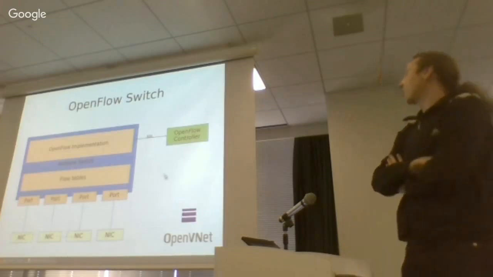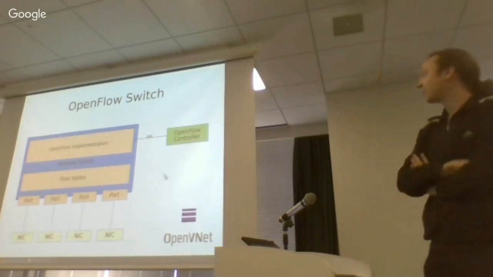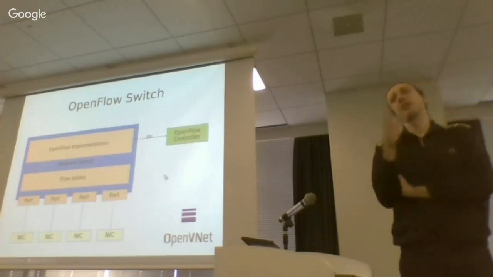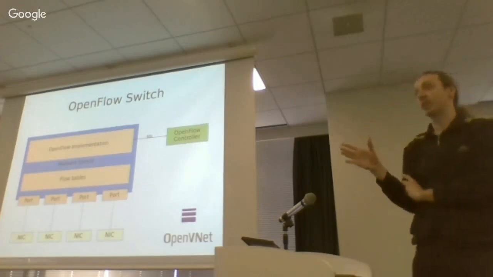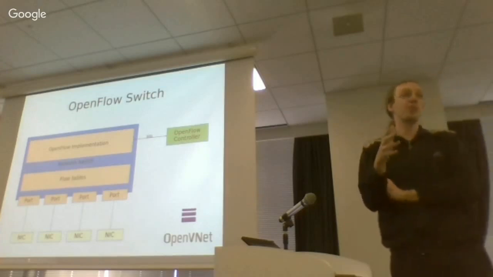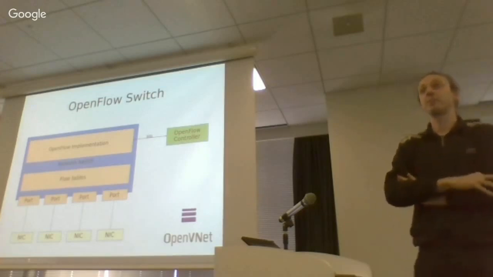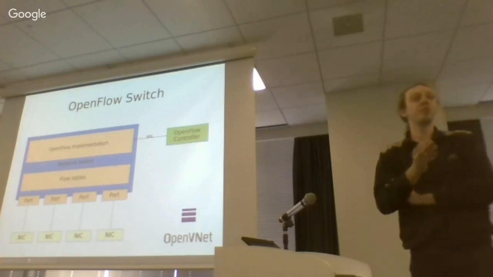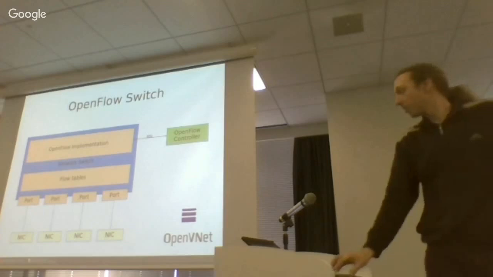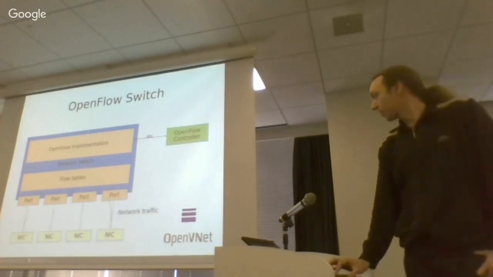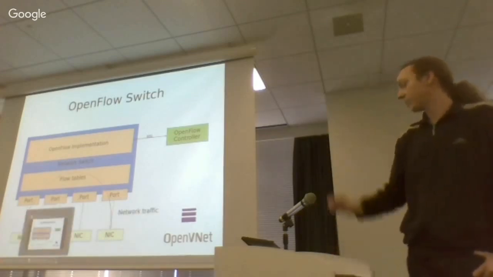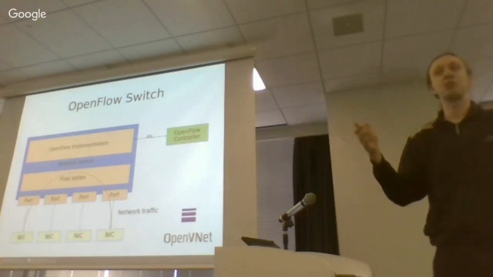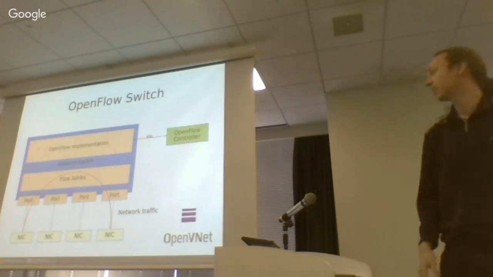And so I've been mentioning OpenFlow a little bit. The thing is, you have a lot of switches, routers, and network devices out on the market. Cisco makes a bunch of them. Then you have D-Link, and you have more software implementations like the Linux bridge. And one thing they all do is network traffic comes in, they make a decision, and network traffic goes out or gets dropped or rewritten or whatever.